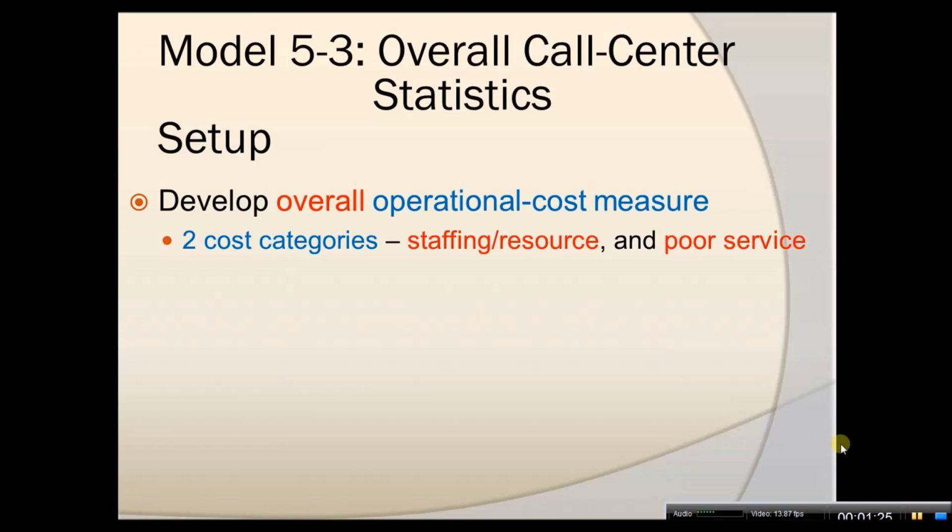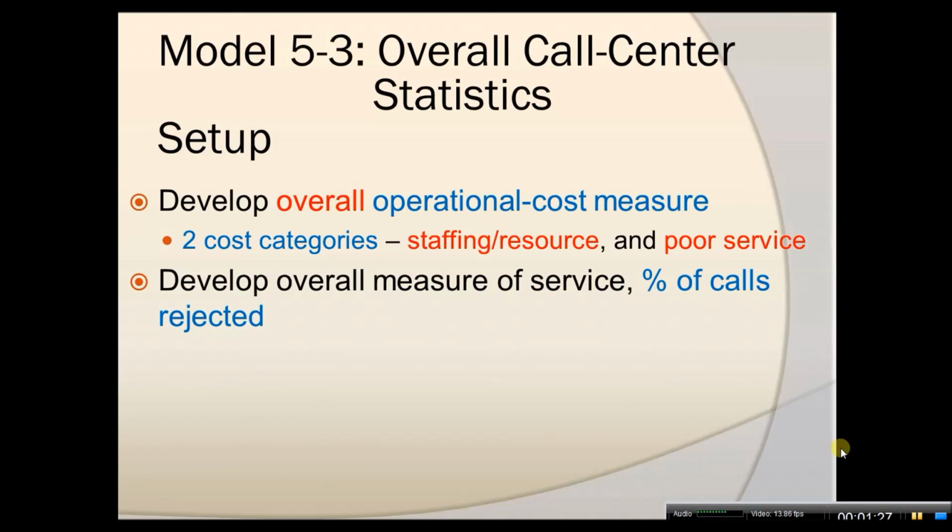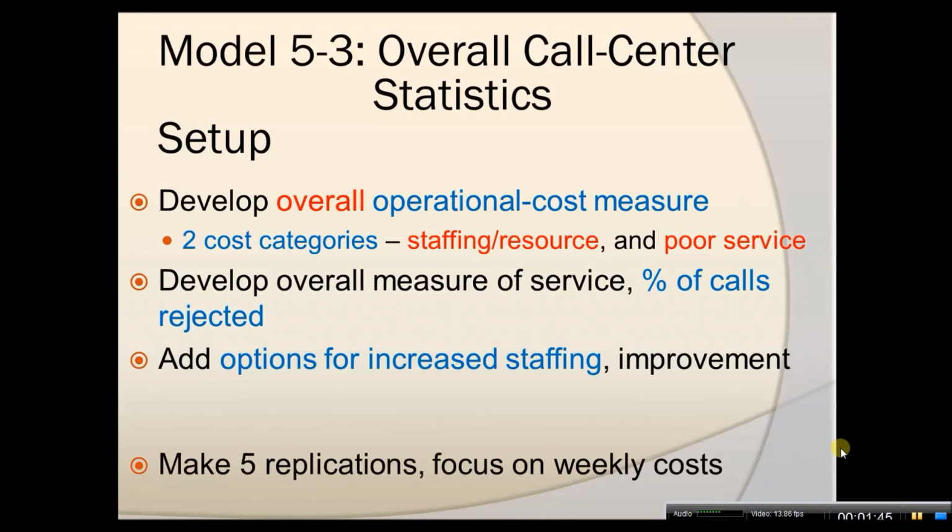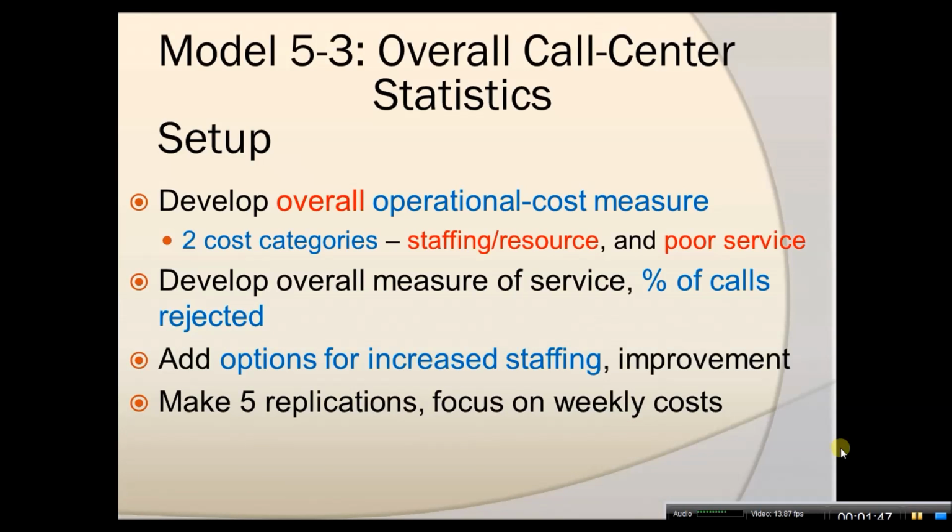And so we're going to develop this overall measure of service, which will include the percentage of calls rejected, and we will also add options so that we can improve the service through increased staffing.